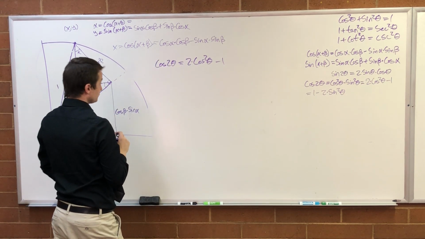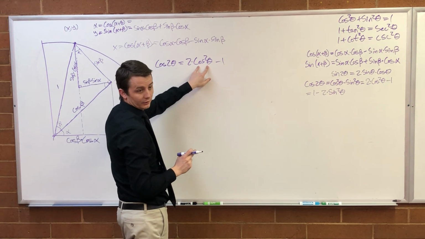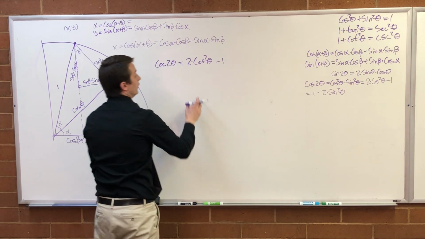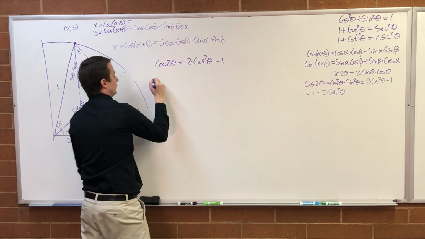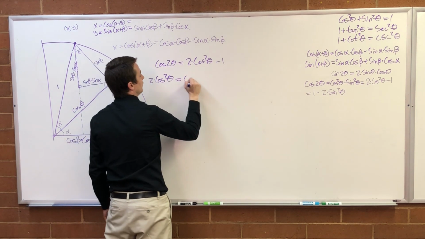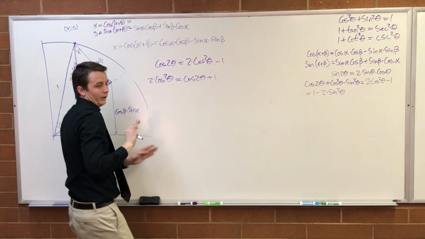Now I'm basically just going to solve for cosine of theta. So add 1 to both sides. I'm going to write this side first because typically we like the thing we're solving for on our side.